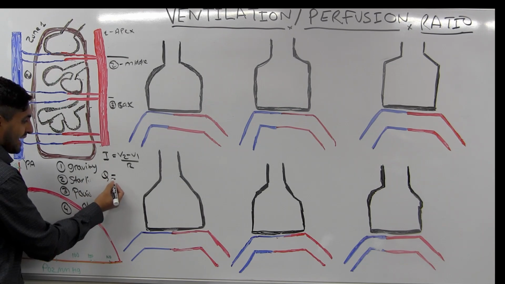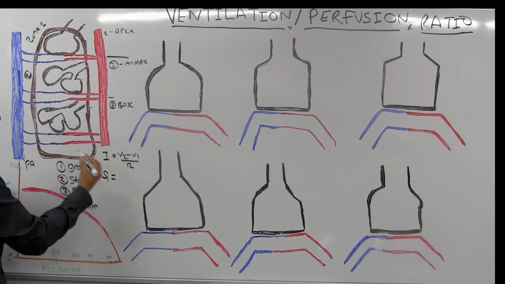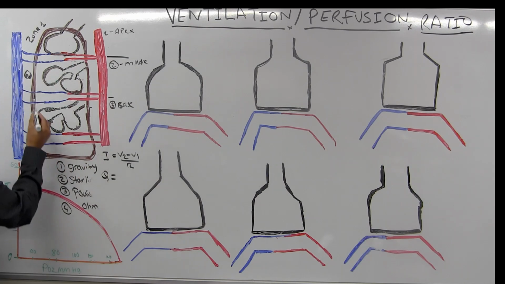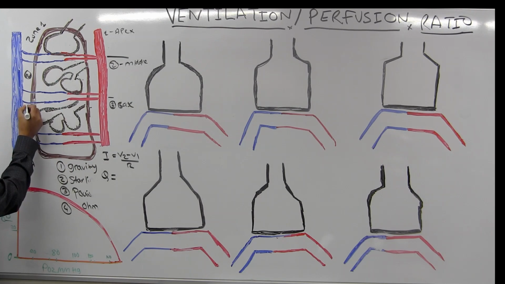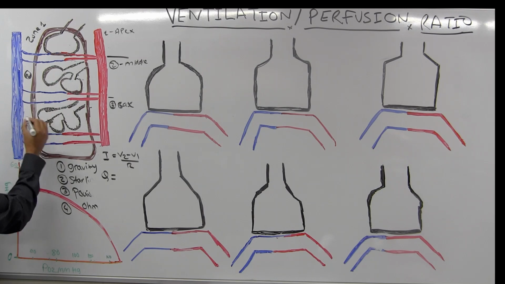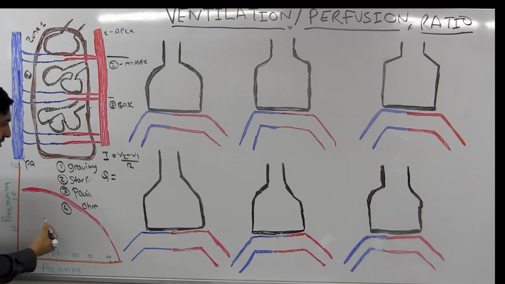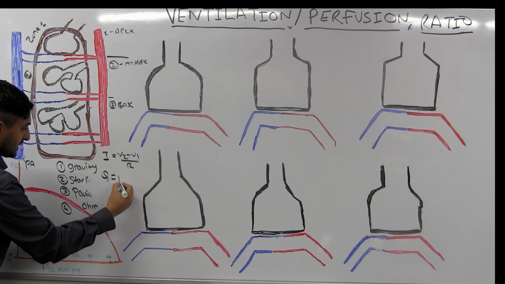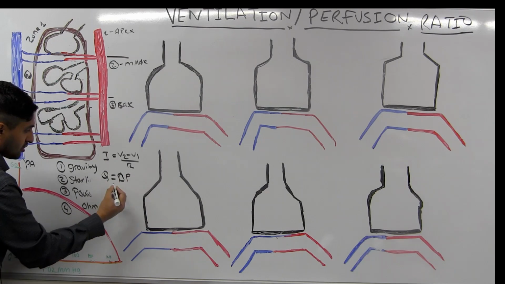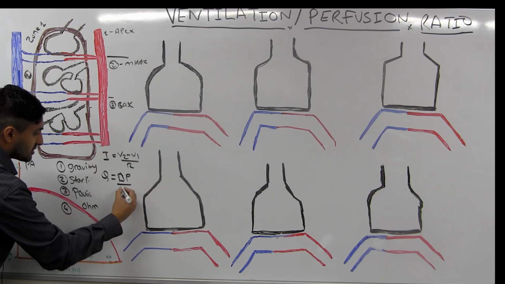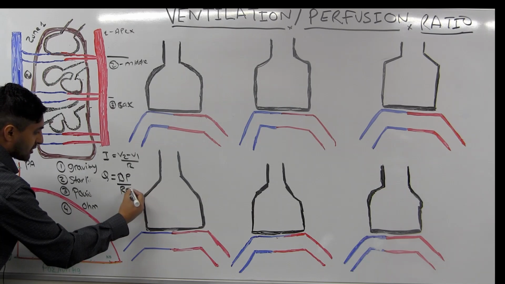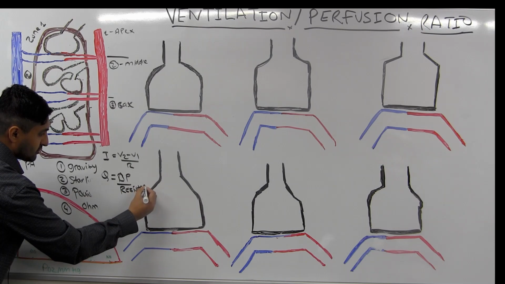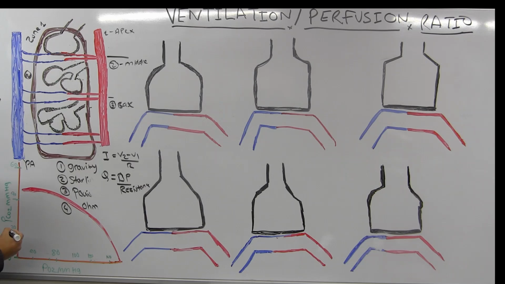Q is equal to the pressure difference between one side and the other, upstream and downstream. So I need to find the change in P, over the resistance of it. That will determine my flow.